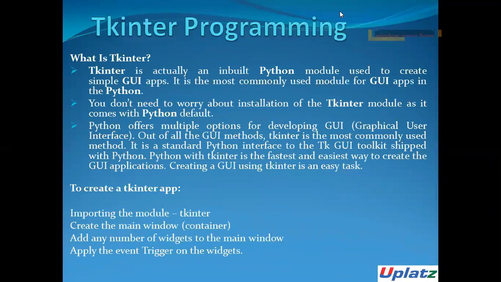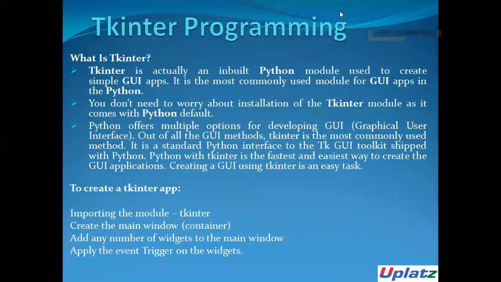Python offers multiple options for developing GUI, as I showed you before. Out of all the GUI methods, tkinter is the most commonly used method. It's a standard Python interface to the TK GUI toolkit. Python combined with tkinter is the fastest and easiest way to create GUI applications.